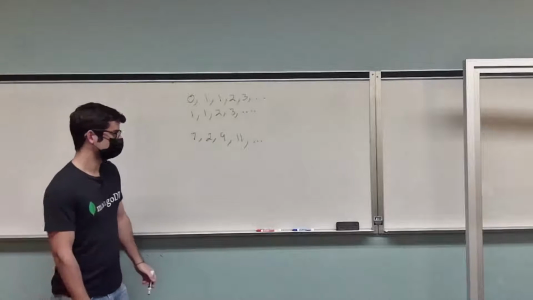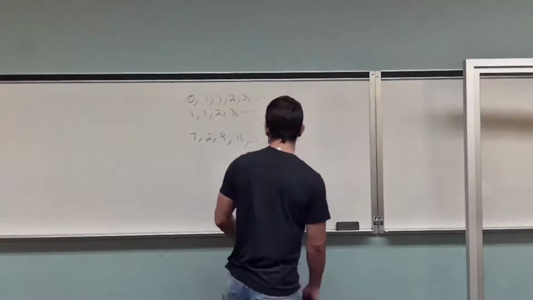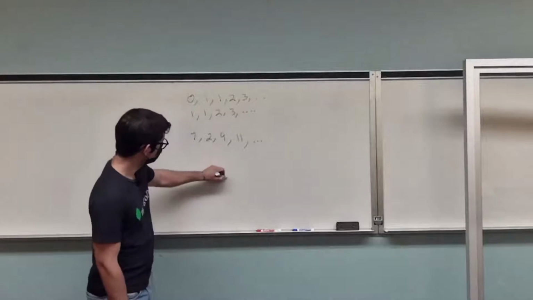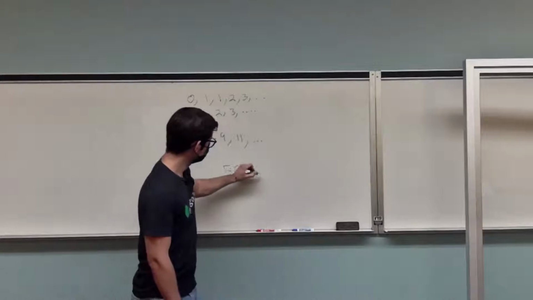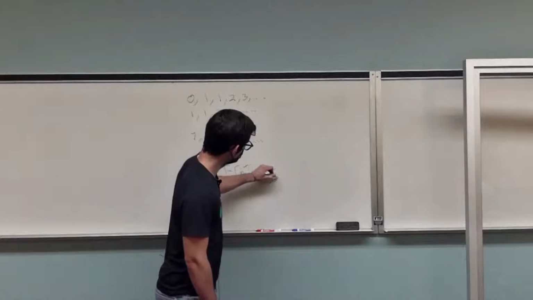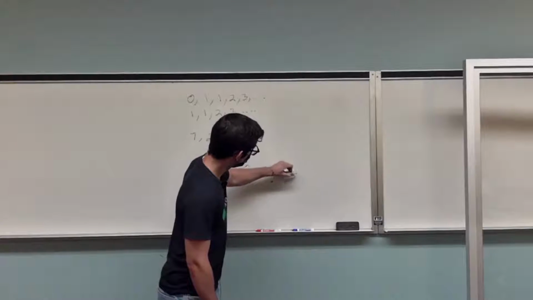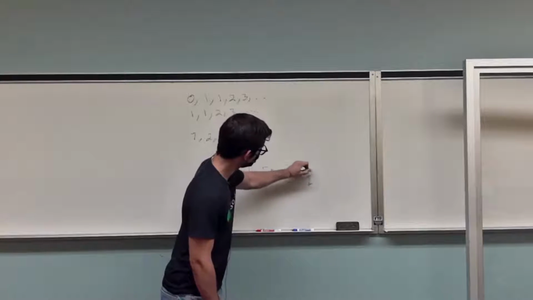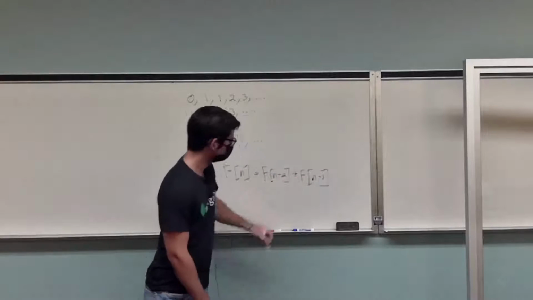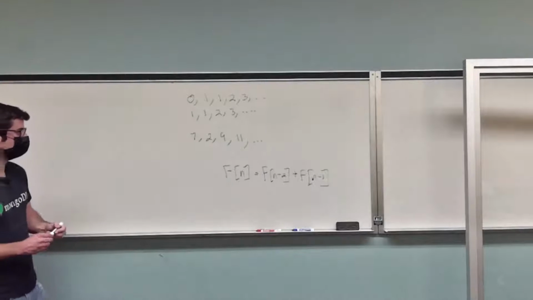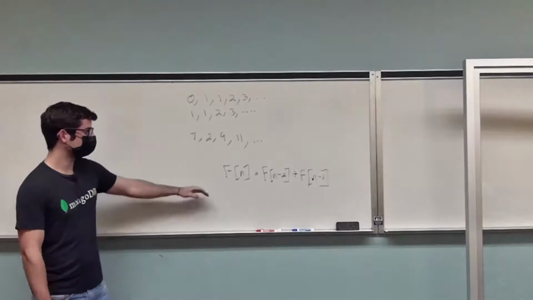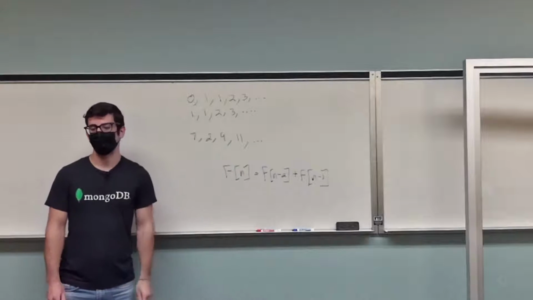Because the important thing is the algorithm itself, which says the Fibonacci of n is going to be equal to the Fibonacci of n minus 2 plus n minus 1. So any two numbers that you begin with, you can plug in, and then you can create a sequence based off of that.